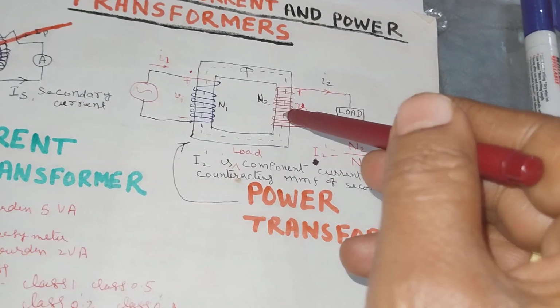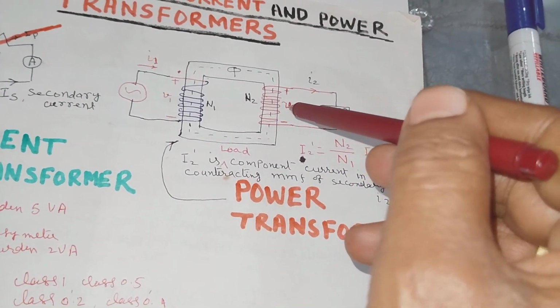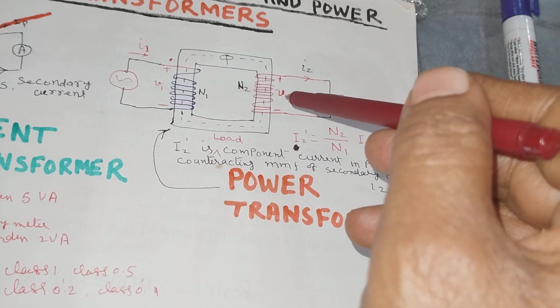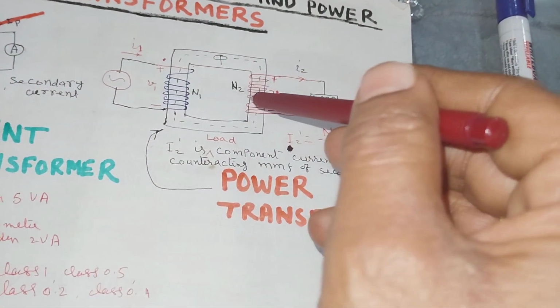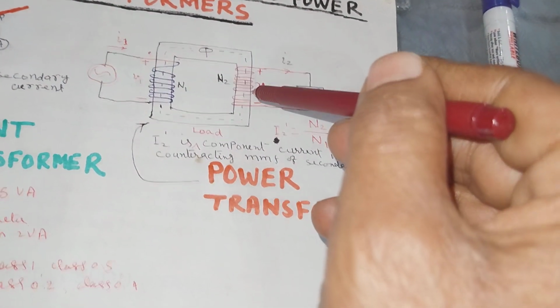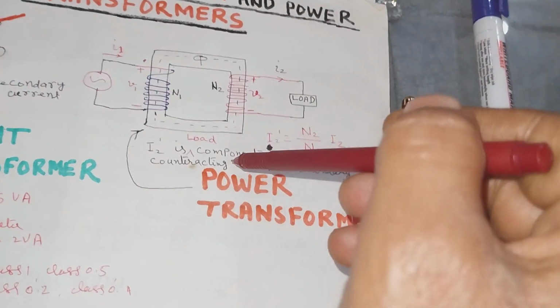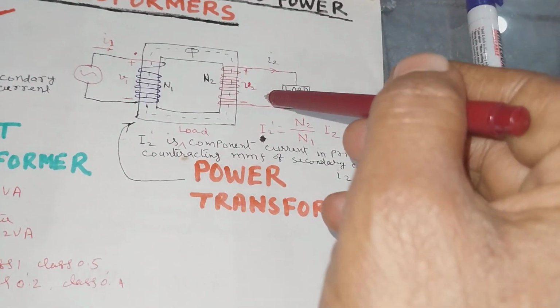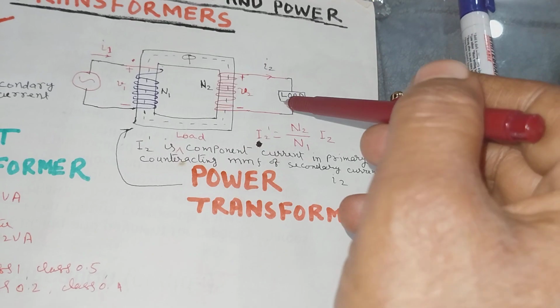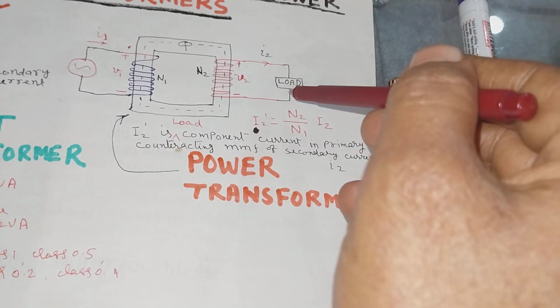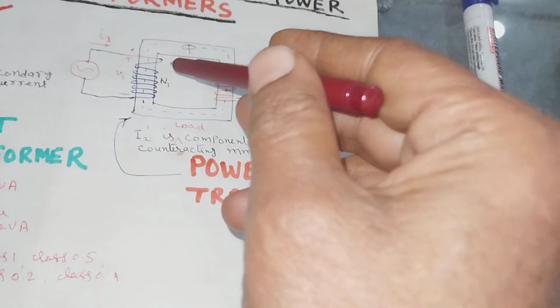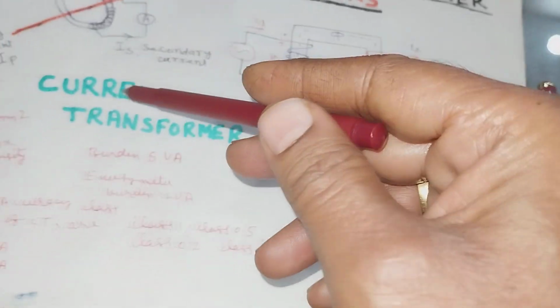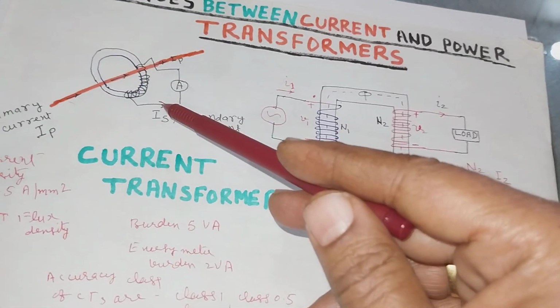Ratio errors are also allowed more than 1% for the power transformers as per Bureau of Indian Standard, and the load component of secondary affects the primary, which is not the case with CT.